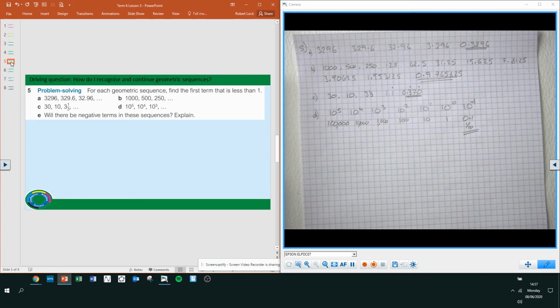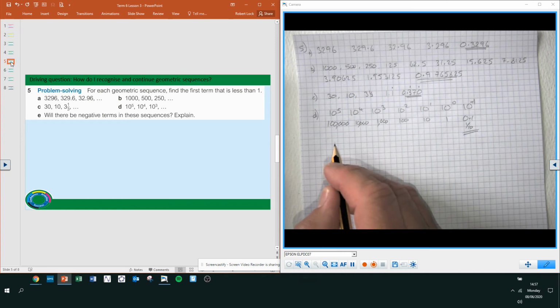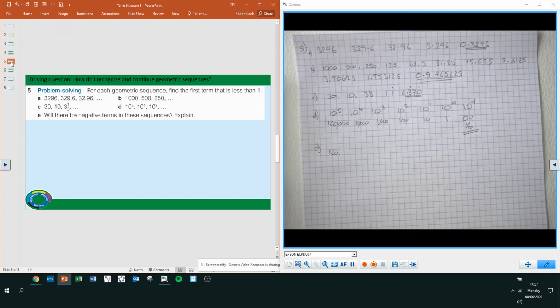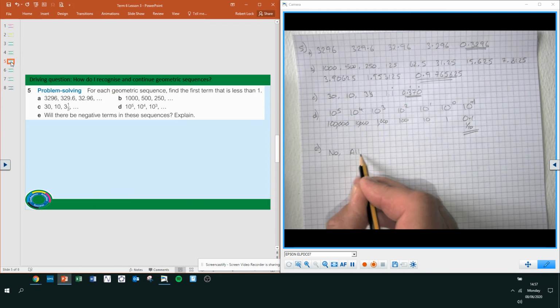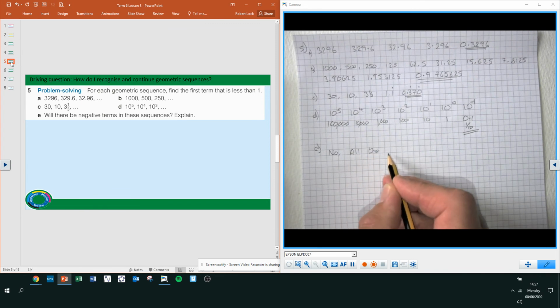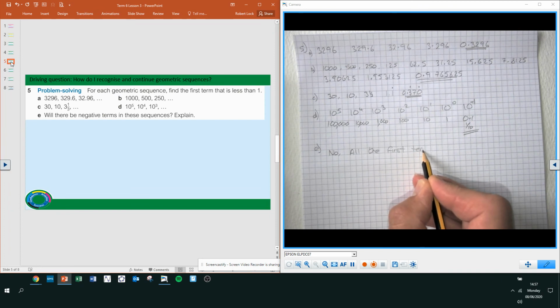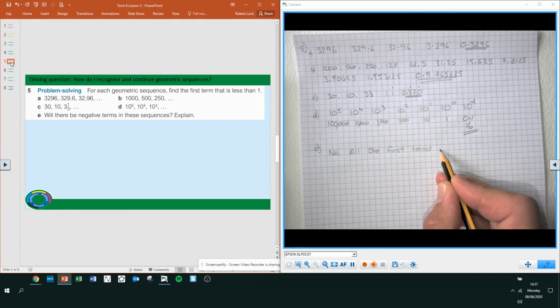Will there be a negative in these sequences? The answer is no. Explain. All the first terms are positive.